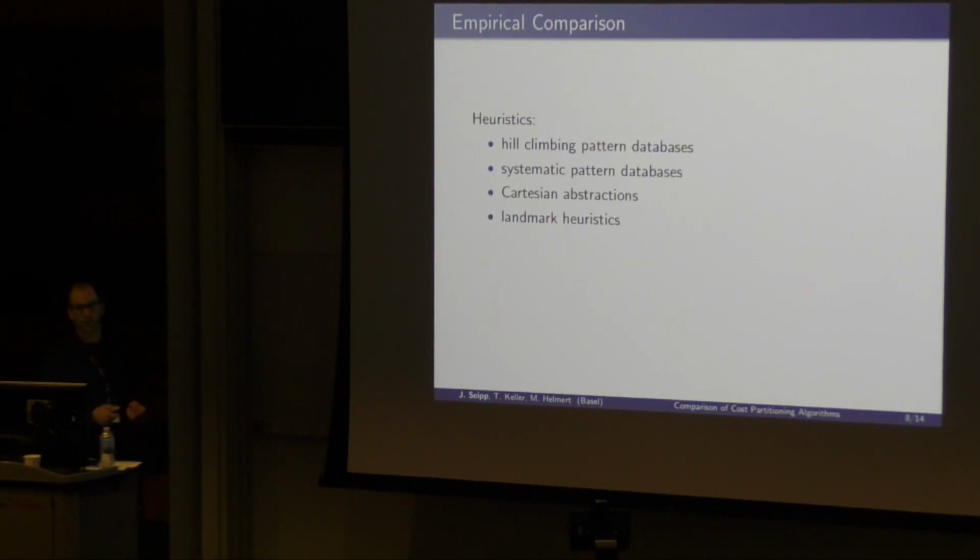This leads us to our empirical comparison of the algorithms. And in our paper, we used 4 different test beds for the analysis. And we analyzed our algorithms on hill climbing pattern databases, systematic pattern databases, Cartesian abstractions, and landmark heuristics.